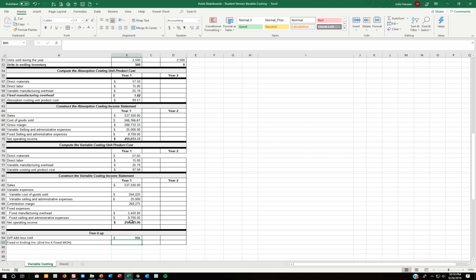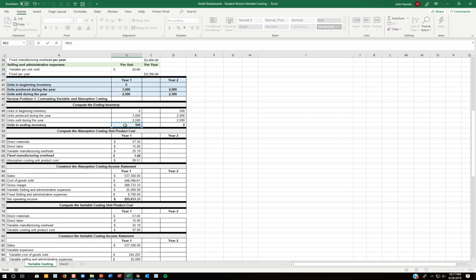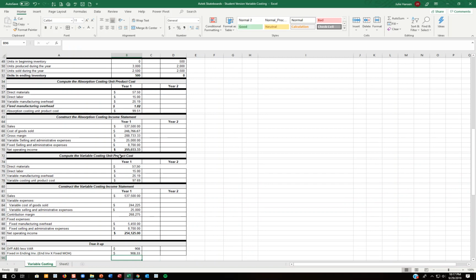Well, how much do we have in our ending inventory? We have 500 in our ending inventory, and we're going to multiply that times, don't get too freaked out here, that fixed manufacturing overhead, because that's really the only difference between the absorption costing and the variable costing, is that here we're holding out some of the fixed manufacturing overhead. We're not expensing the whole thing. And you can see that that is the same difference.